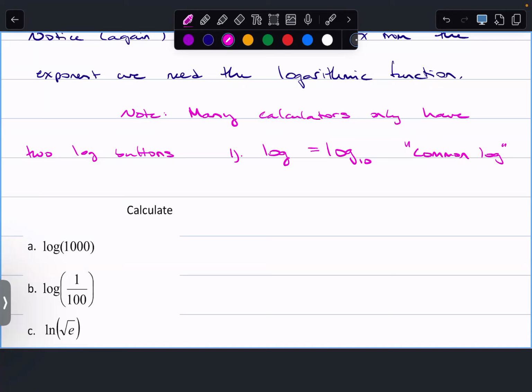For the rest of the sciences, we tend to use ln, and I write it cursive because it highlights to me that it's not a 1 or anything like that. And so that's going to be log base e. We've seen e before, Euler's number, right? 2.71828, blah, blah, blah. Just like pi, it's an irrational number. And so log base e is called the natural log.